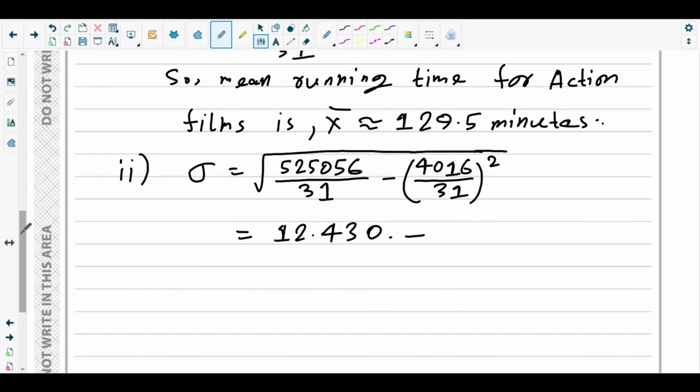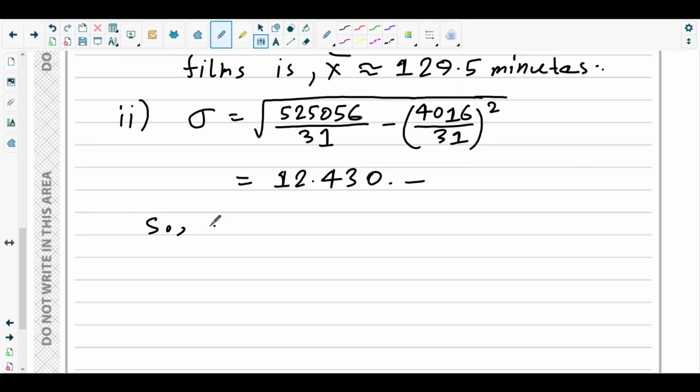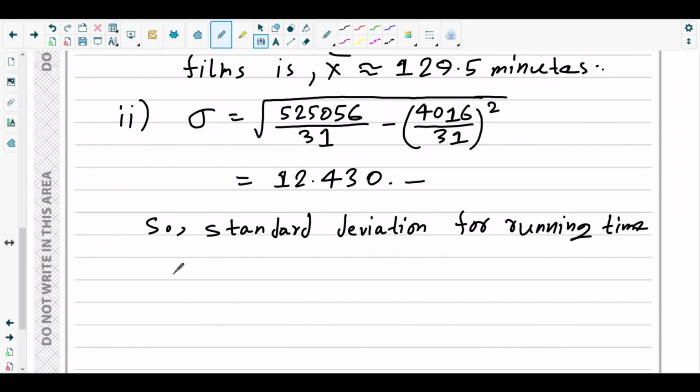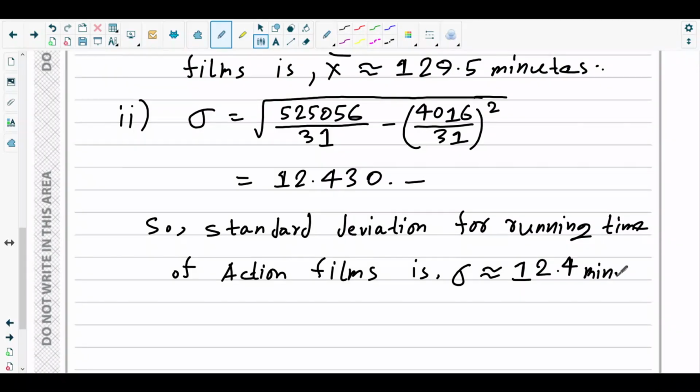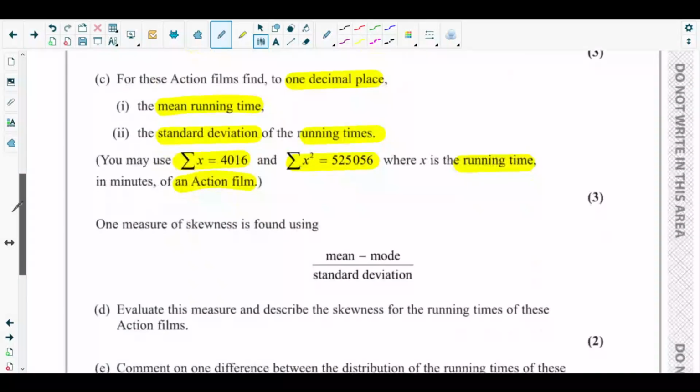So the standard deviation for the running time of action films, rounded to 1 decimal place, is sigma equals 12.4 minutes. That's what part C2 has asked for.